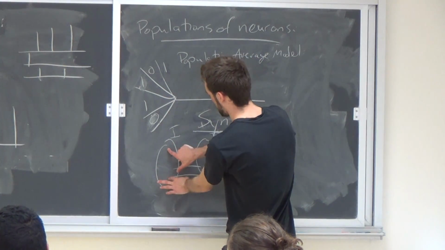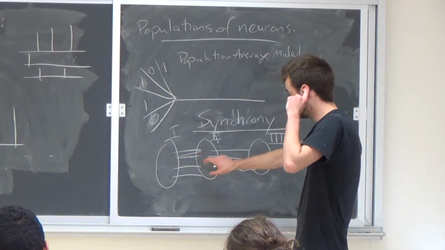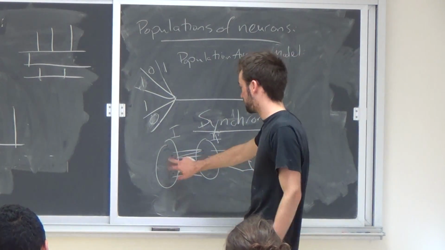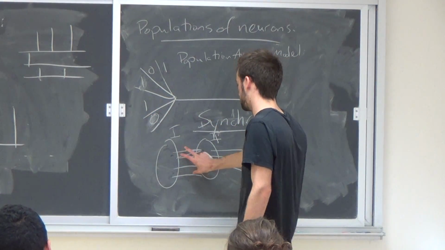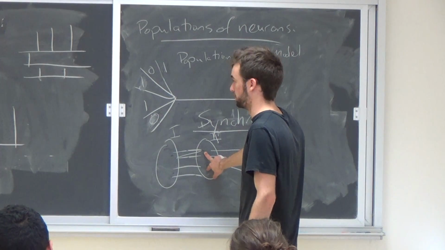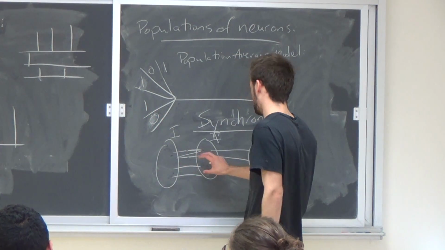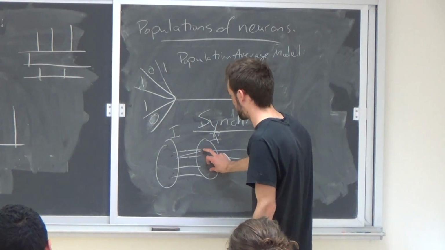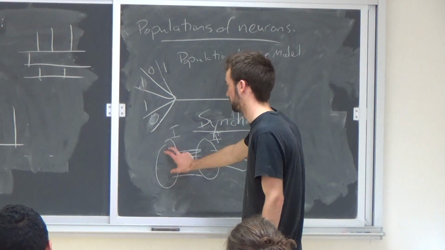So if roughly all the neurons in region 1 fire at the same time, then even if some don't fire because of noise, and even if you lose some of that signal because of noise, which we're going to talk about in a second when I get to noise, you'll still get a lot of these guys to activate because these guys all fire at the same time.